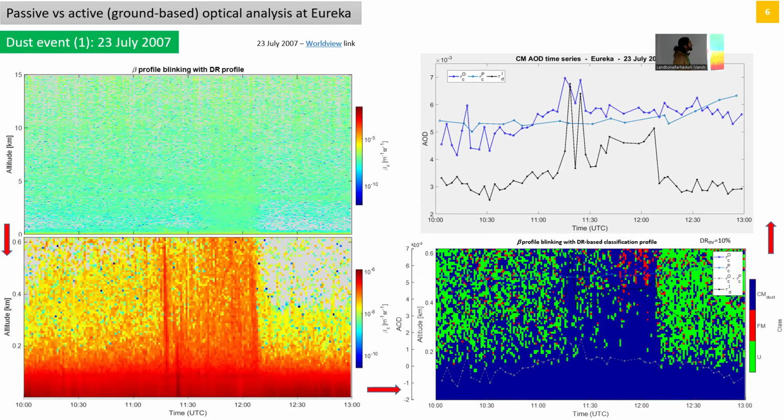As you see in the top right figure, there is a good correlation between the coarse mode optical depths from LiDAR and from AERONET at OPAL. And the coarse mode optical depths at the Ridge Lab station show virtually no correlation. So it says that we are actually looking at a kind of dust at low altitude.